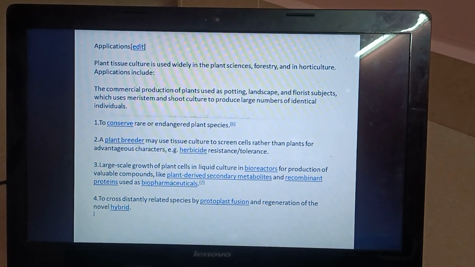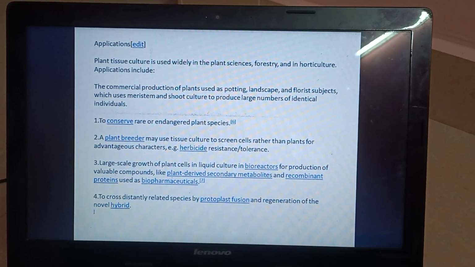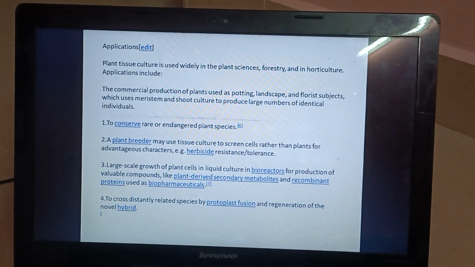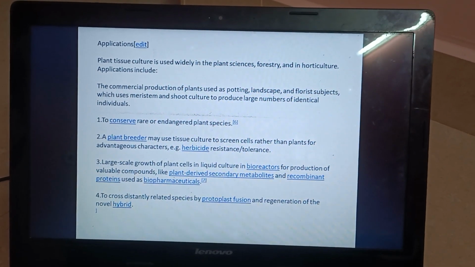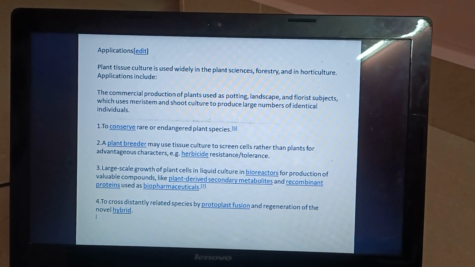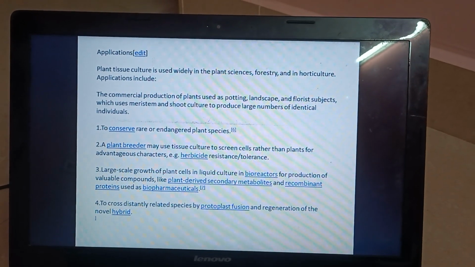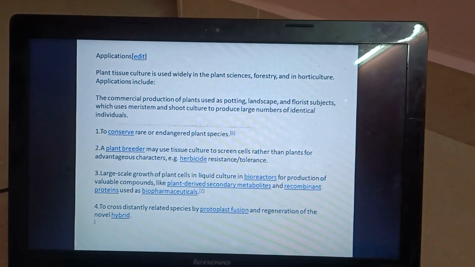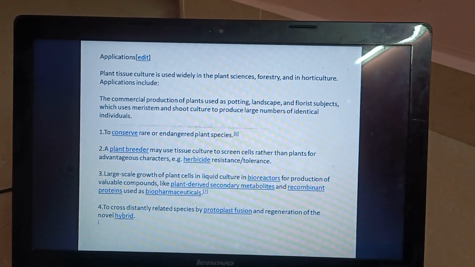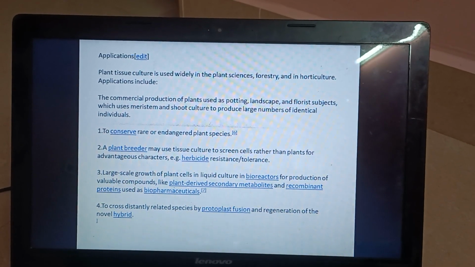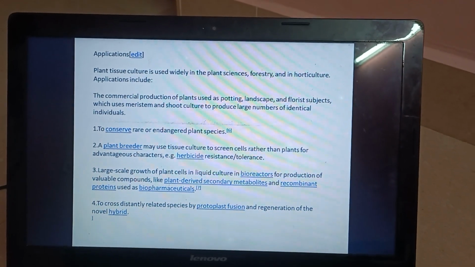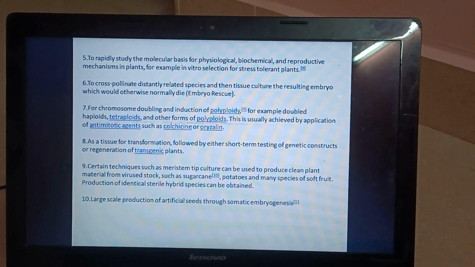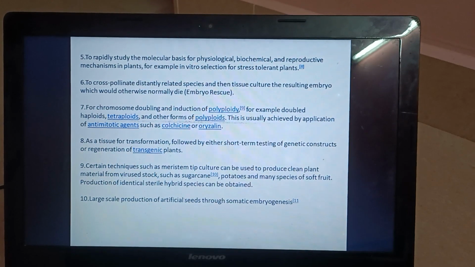We are using some secondary metabolites and enzymes. There is a vast variety of properties the plants have. For that reason, we couldn't exploit the plant directly. In that concern, we are doing these culturing techniques through recombinant and transformation techniques. We are doing this production on a commercial scale.